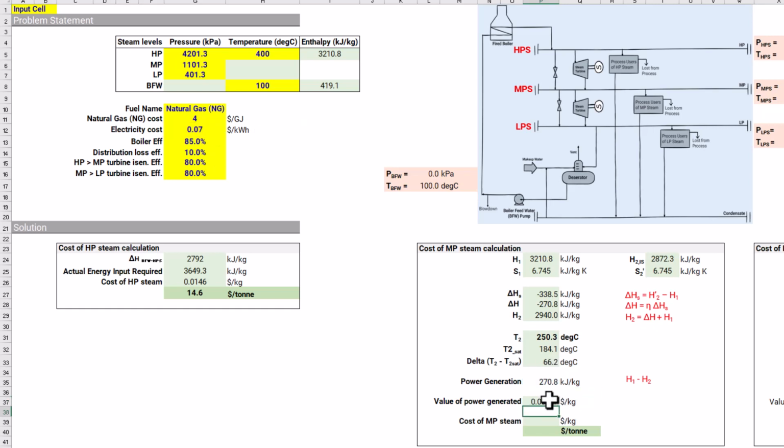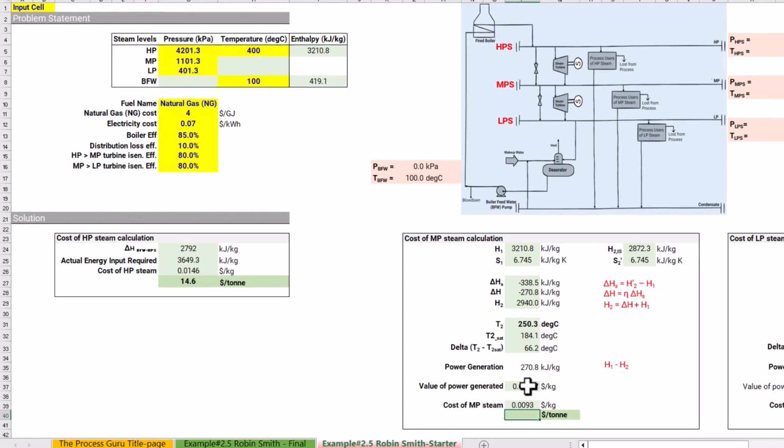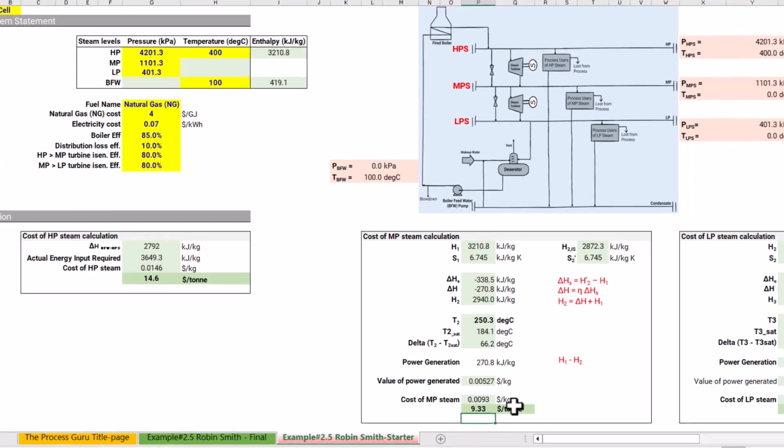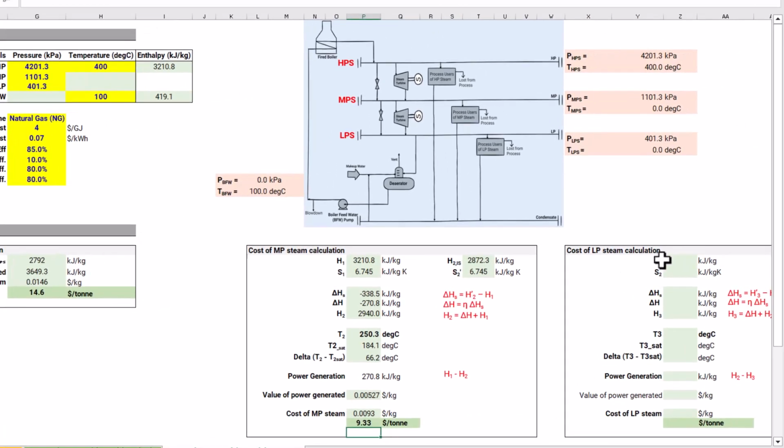So this is the dollars per kg of steam, we are making this much money. So we can take the credit for this on HP steam cost. So HP steam cost minus this much discount we can get, and in tons it is like $9.33 per ton. So in a very similar way we can do this calculation for LP steam as well.